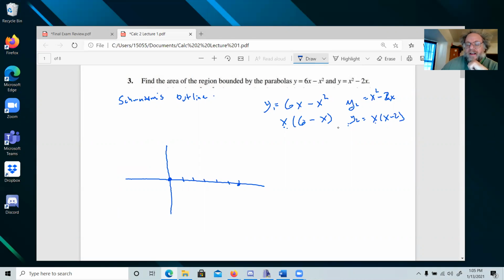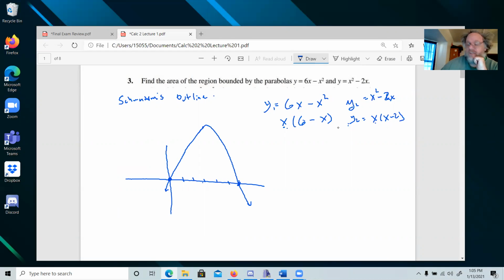Looking at this parabola, it opens down. There's another way of figuring out the vertex, and it's the average of the two intercepts. Since my intercepts are 0 and 6, the vertex is up here somewhere, at x equals 3. So I'm sketching out a parabola here, and sketching out a parabola there. So that's one.